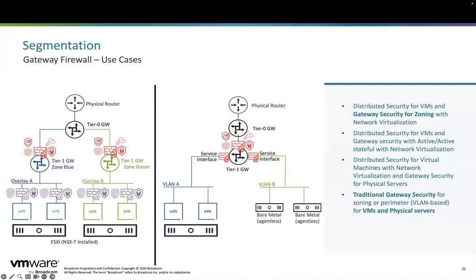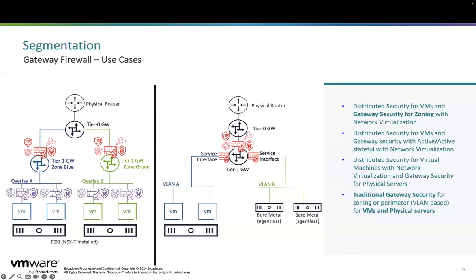So using overlay networks, building multi-tenancy, trying to separate projects, departments, applications, whatever your tenant boundary might be. But you can see there on the left using the gateway firewall as that tenant firewall, and then having the distributed firewall and all of the additional security services within each tenant that are also protecting the infrastructure.